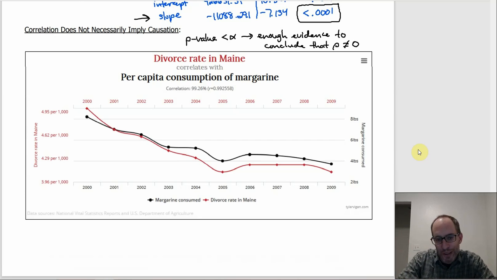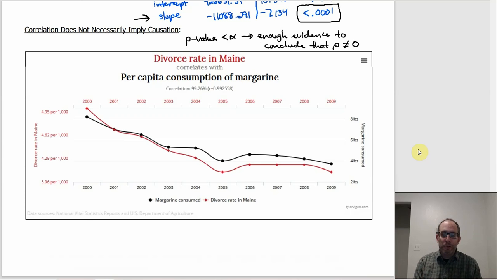The divorce rate in Maine versus the per capita consumption of margarine. Look at how well those variables match up, right? If you turn that into a scatter plot, it looks like they're going to line up very well. It would look very linear, and that would be a situation where you'd get a little p-value in your test for the slope or test for the correlation, and you end up concluding, oh, it looks like we got an association here.